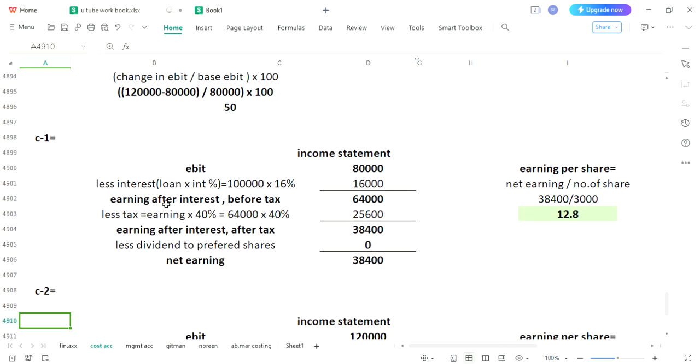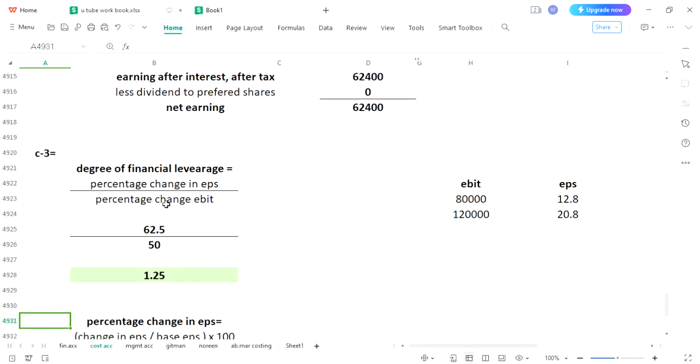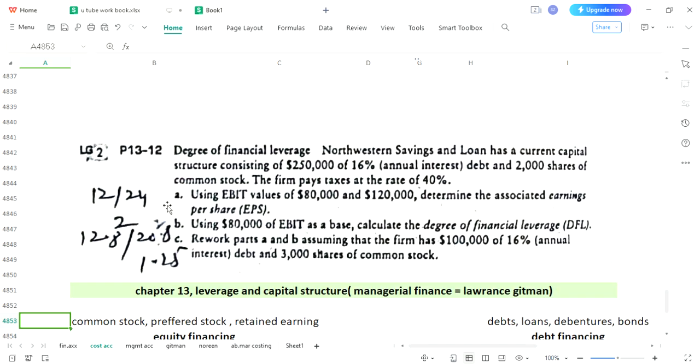C first part, C second part, and C third part were completed. All answers were reviewed and matched. It means 13.12 is 100% completed. Though the solution is in front of you, all answers are reviewed and checked, and the whole solution was reviewed as well. The solution has been completed.